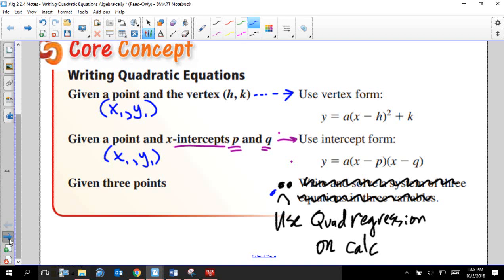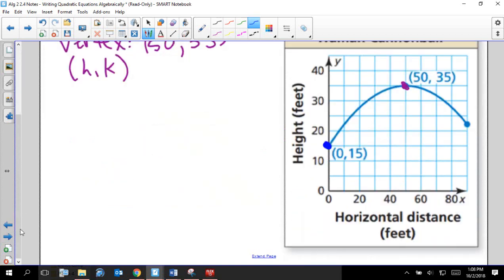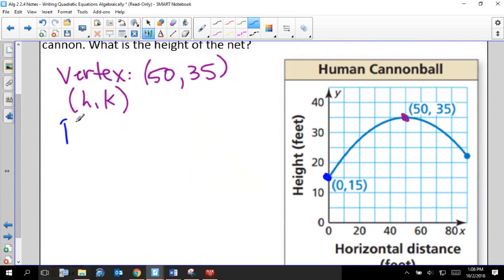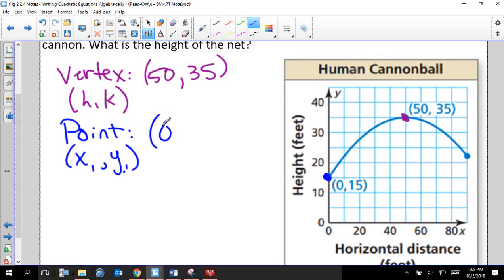All that matters is it's another point on the graph. So if we're given the vertex and another point, what form should we use?